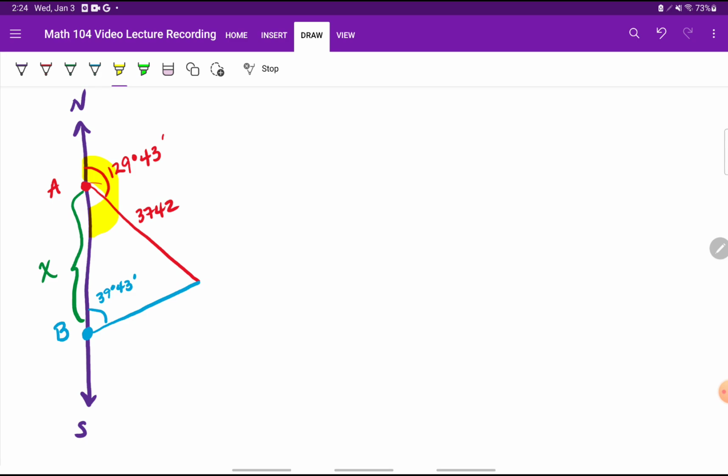So I'm going to do that, and that'll give us our angle on the inside. Subtracting, that's going to give us 59 degrees 17 minutes.